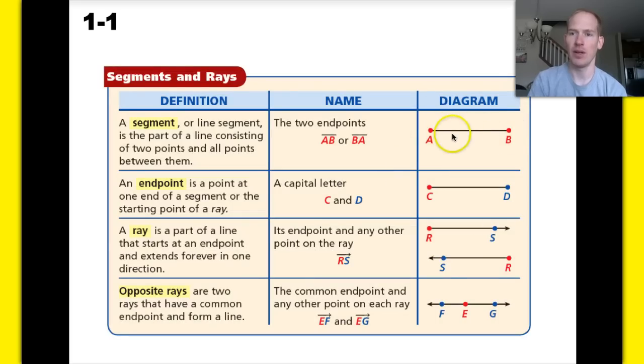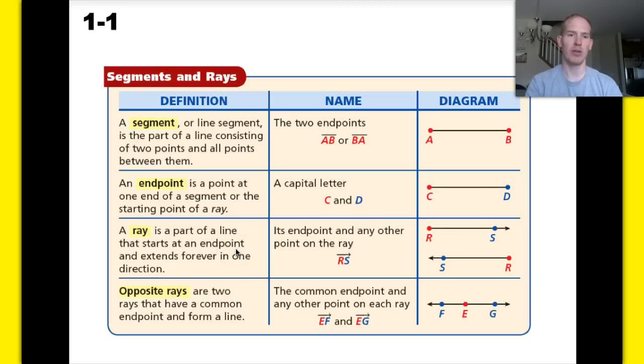This is AB. An endpoint is a point at one end of a segment or the starting point of a ray. Here the endpoints are C and D, not the part in between.